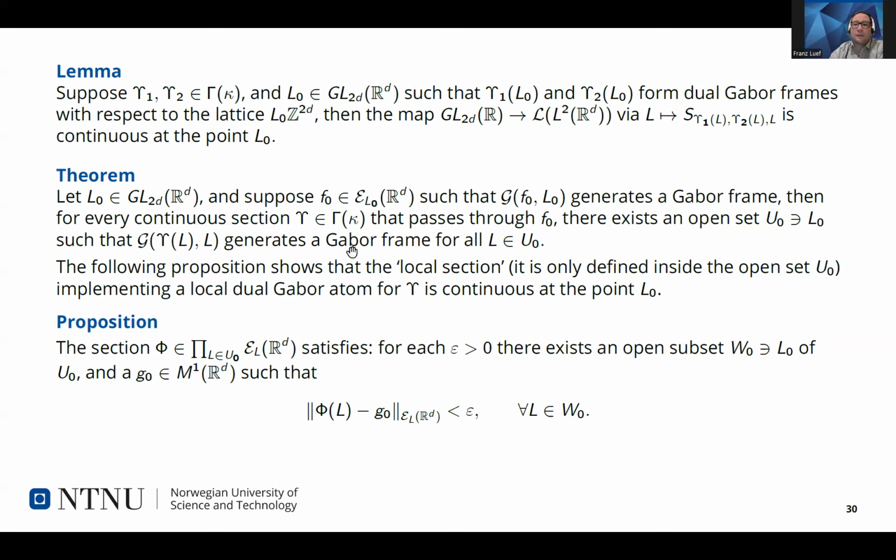And so now this is the analog of the results that we started off with, now for the Heisenberg modules and not for the Feichtinger algebra. So you start out with an element in the Heisenberg module associated to this lattice L0, and you say this is a frame. Then for every continuous section that passes through this Gabor frame, you can find this nice open set of lattices that also generate a Gabor frame.